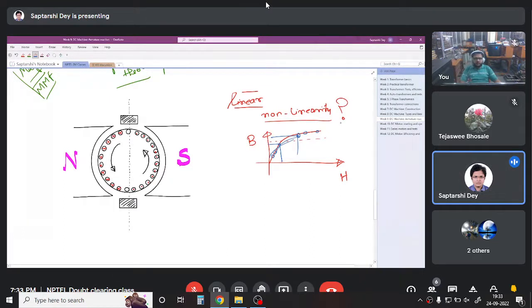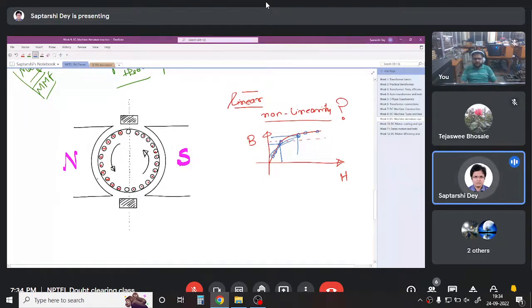DC machine. We always design a machine so that it operates close to saturation. Why so? So that the machine is small. I can make the machine operate very much below the saturation level, but the machine will be very large and my iron will be less utilized.